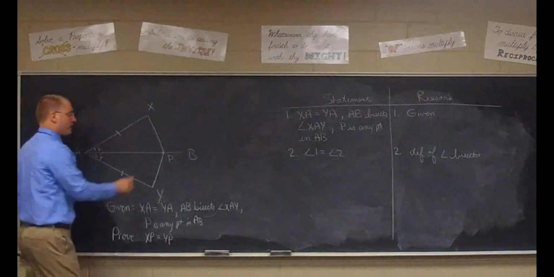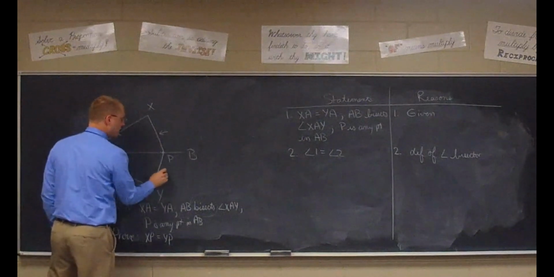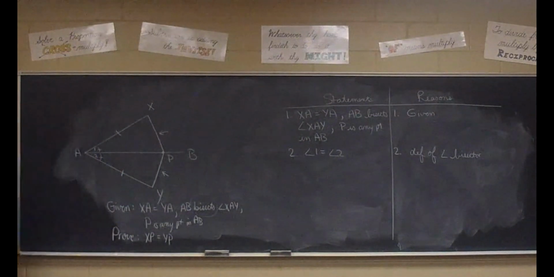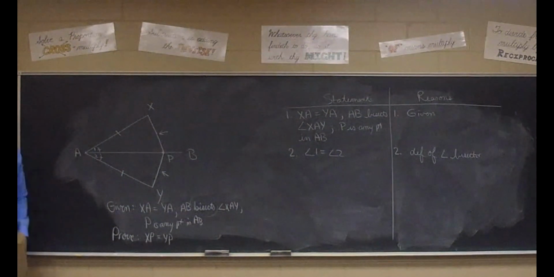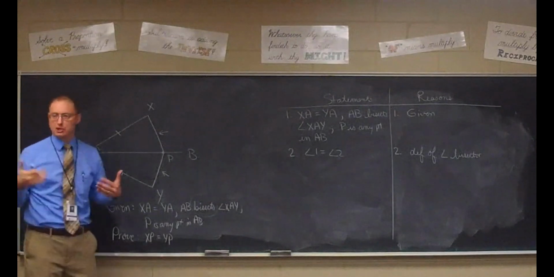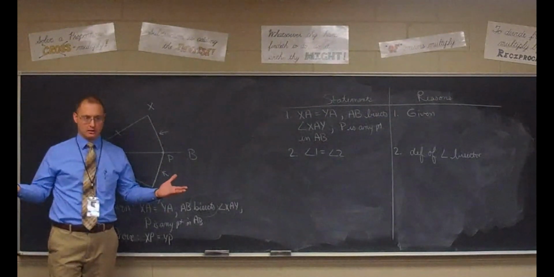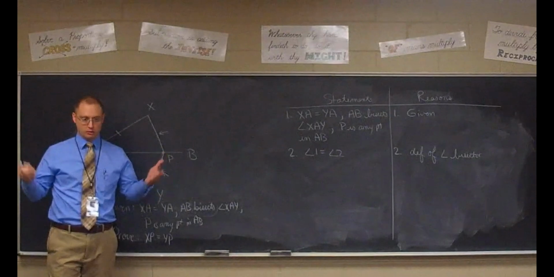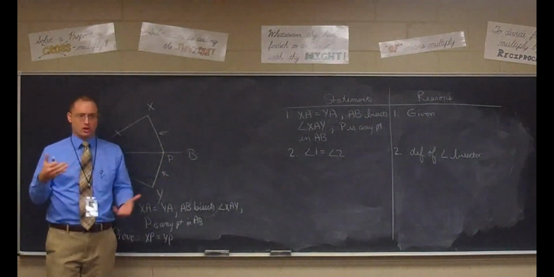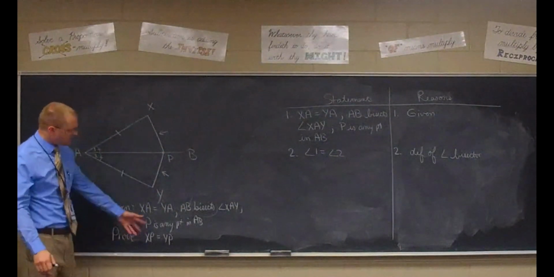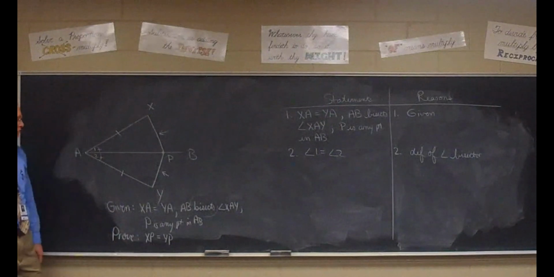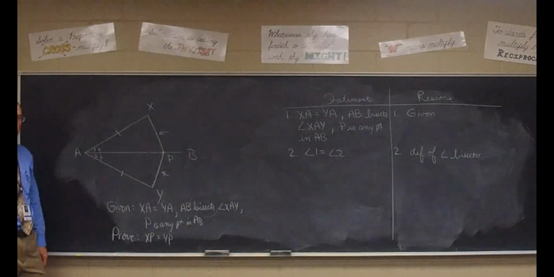We're trying to prove that these two lines are equal to each other. That's kind of weird. So far, all of our proofs have to do with what? Congruent triangles, right? Getting triangles congruent. But it doesn't say anything about getting triangles congruent. Just prove XP equals YP.